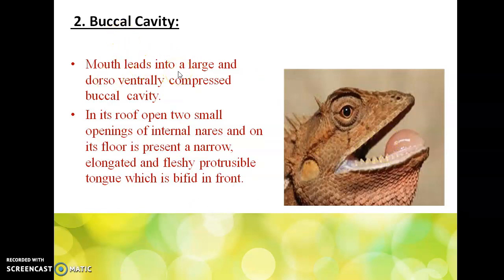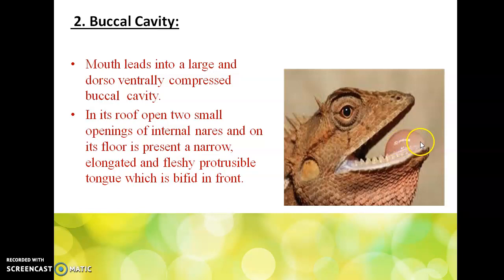This is a very large region composed of a dorsoventral region, and as such it possesses a roof and a floor. The roof is provided with a pair of small openings called the internal nares, and the floor is present at the lower end. It is very narrow and consists of an elongated, fleshy, protrusible tongue.